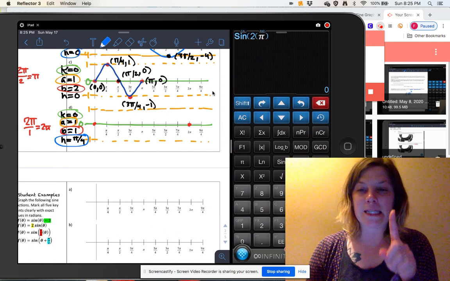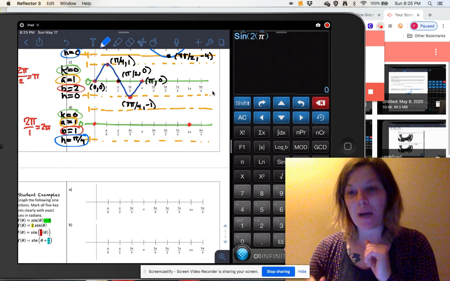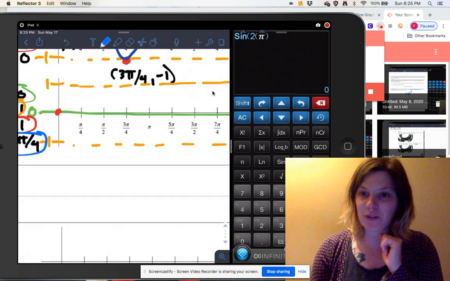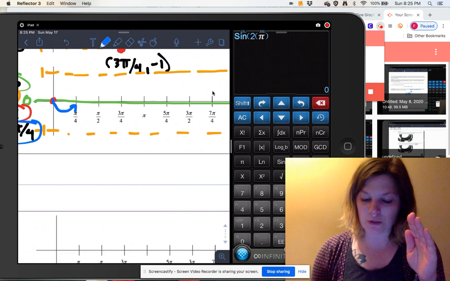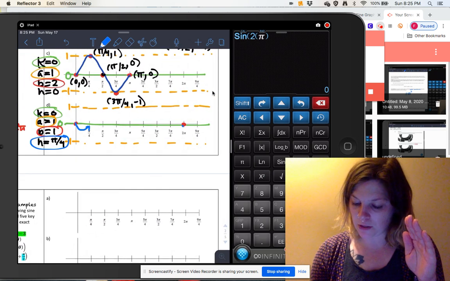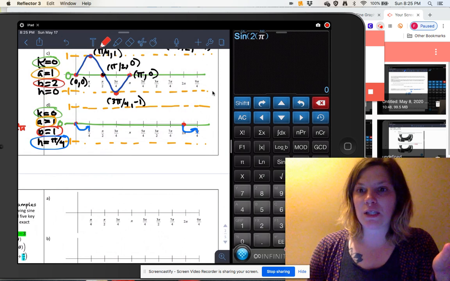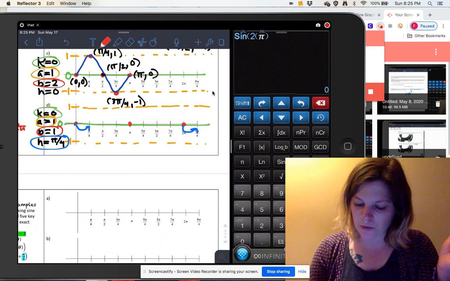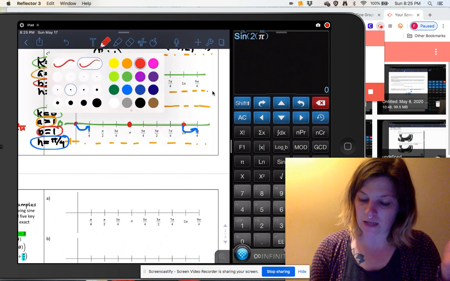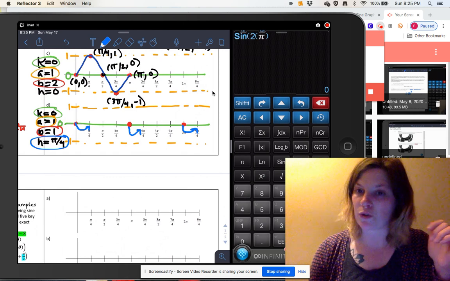What that does is it takes the angle and moves it to the right pi over 4. So instead of starting at 0, you are going to move over to the right pi over 4. Well, what does that mean for the rest of the points? It means exactly the same thing happens. We used to have our middle at pi, and now because our H value is pi over 4, we move it over pi over 4.